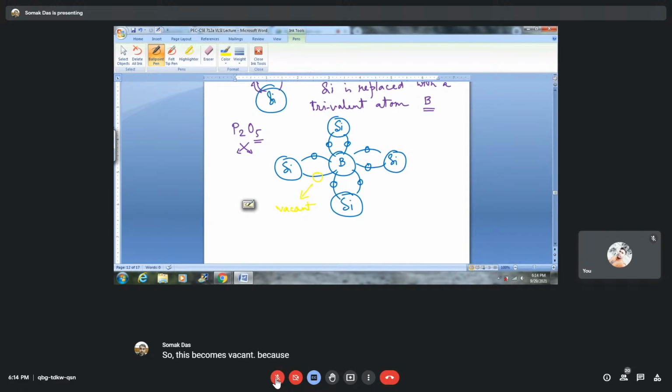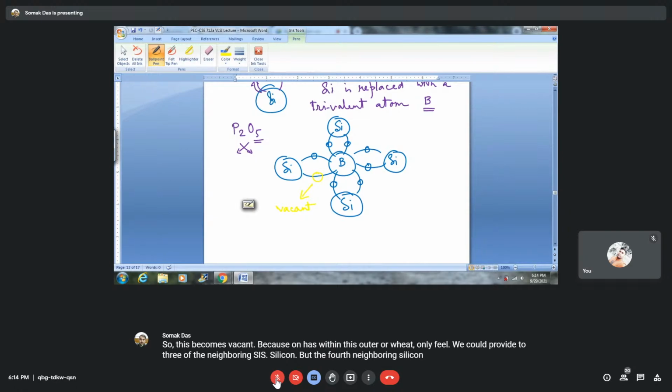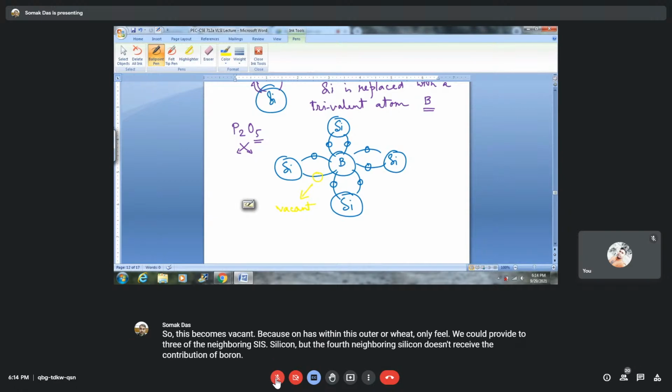Because boron has within its outer orbit only 3 electrons, which it provides to 3 of the neighboring silicon, but the fourth neighboring silicon doesn't receive the contribution of boron. Am I clear or not?